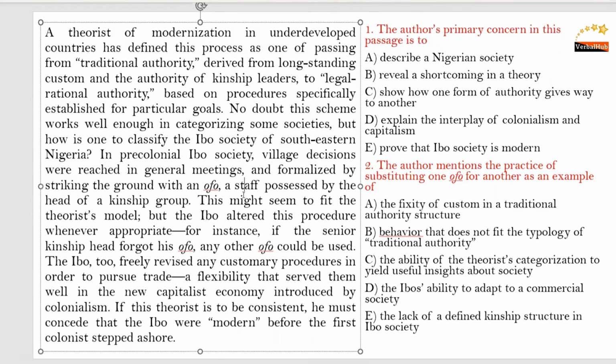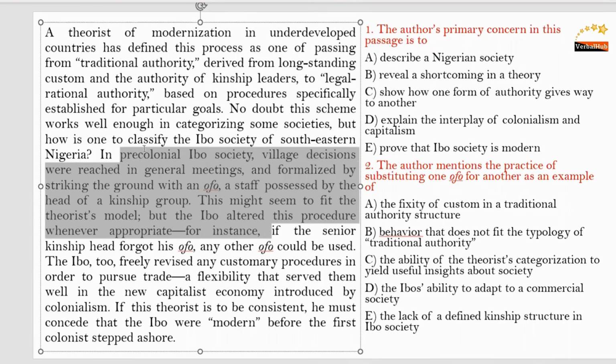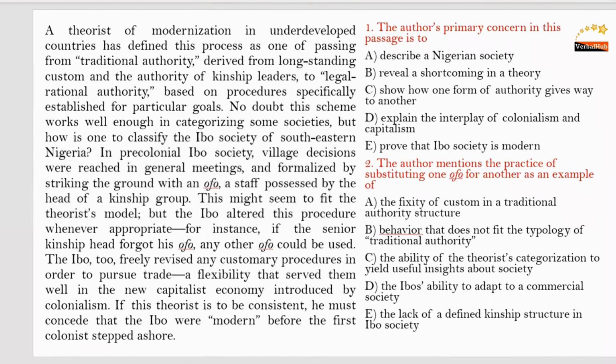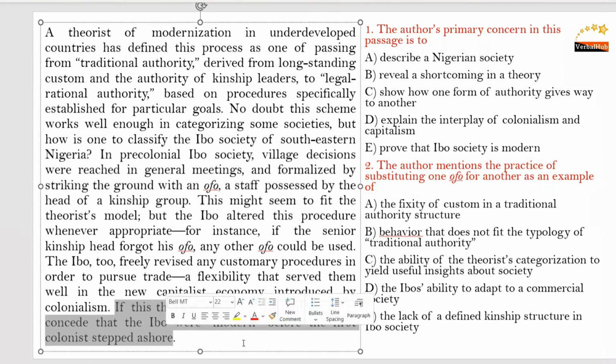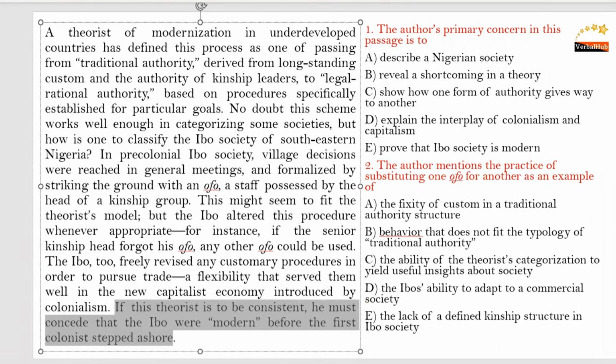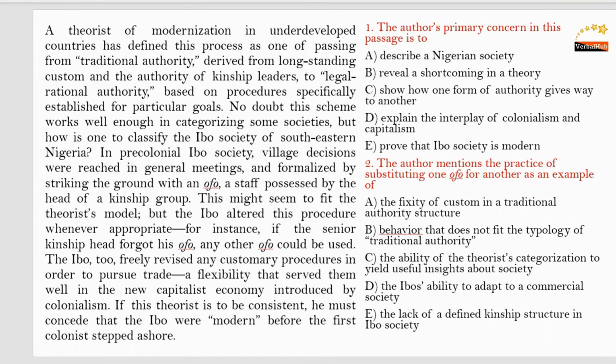But it is not traditional. Instead, it is modern. How did you come to that conclusion, that it's modern? If a theorist is to be consistent, he must concede that we're modern before the first colonialist dictatorship.